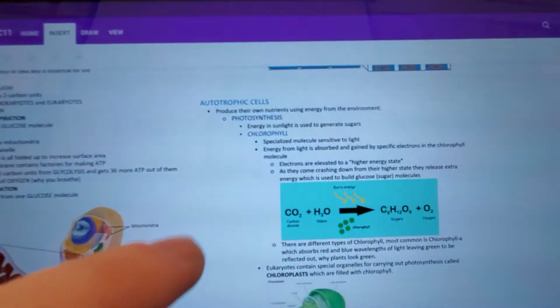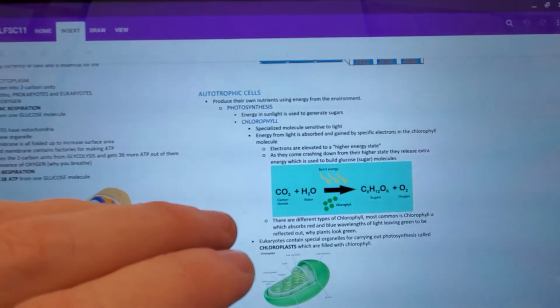From those wavelengths of light, so light carries energy, the energy from this light will be absorbed by electrons basically in the chlorophyll, and it will make the electrons jump to a higher energy state. This is real quantum chemistry stuff.